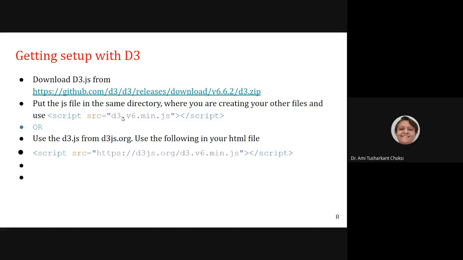And if you do not want to download it, you can directly use its online source, that is https://d3js.org/d3.v6.min.js, right? So that we can use, and for that the script source we used to write. For canvas also, canvas.js also we were using something like this, so that is known to us.